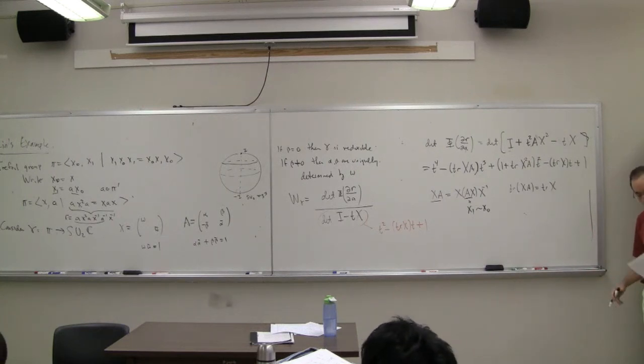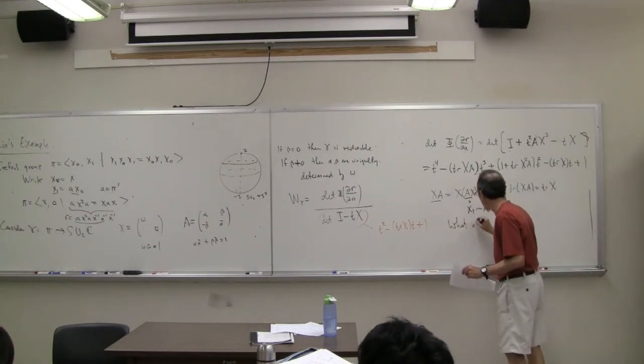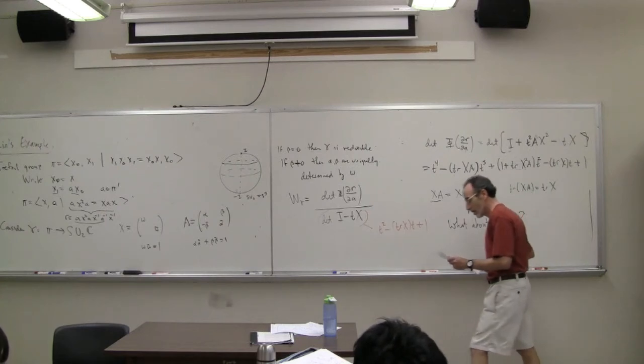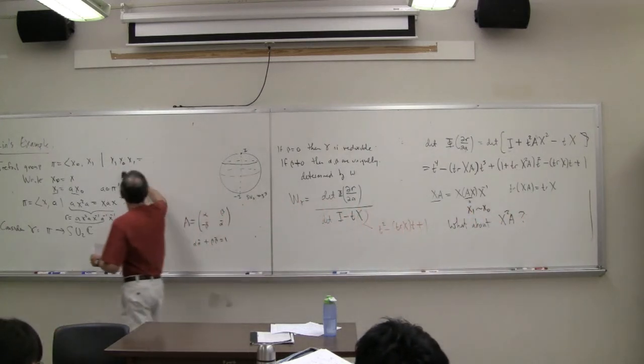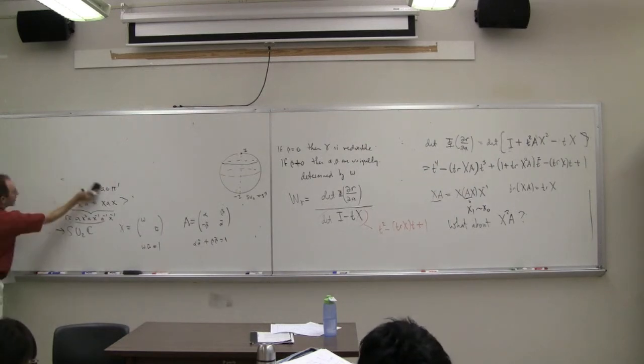See that? So what about X squared? This is really a very pleasant exercise in trace identities.